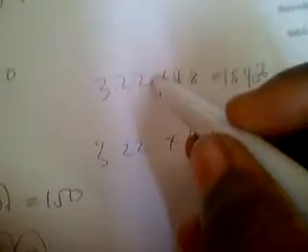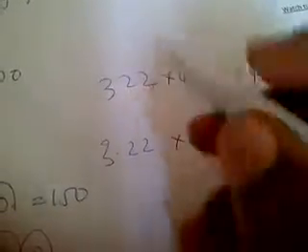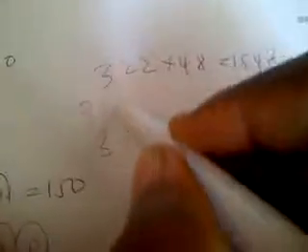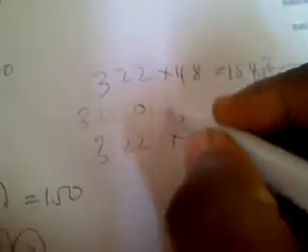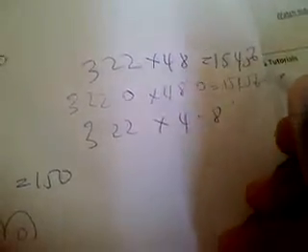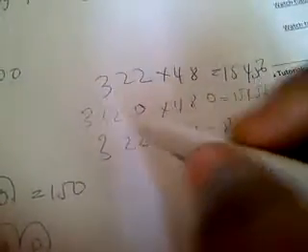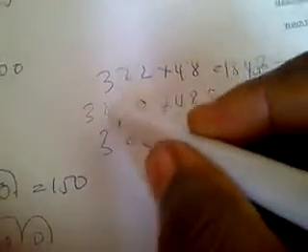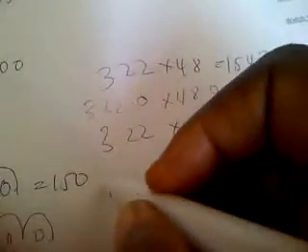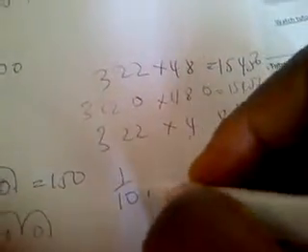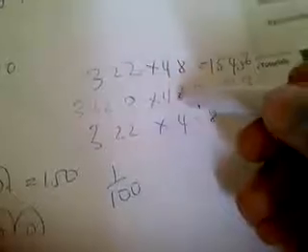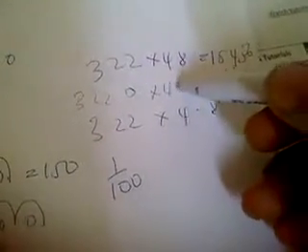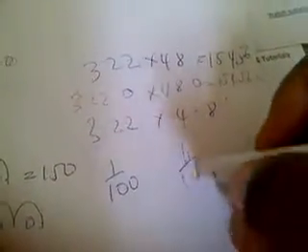Remember 322 is the same as 322.0, and this is the same as 322.0 times 48.0 equals 15456.0. For this one to become like this, they took the decimal place 2 places to the left. That means they divided by 100. Now for this one again, they took the decimal place 1 place to the left. That means they divided this by 10.